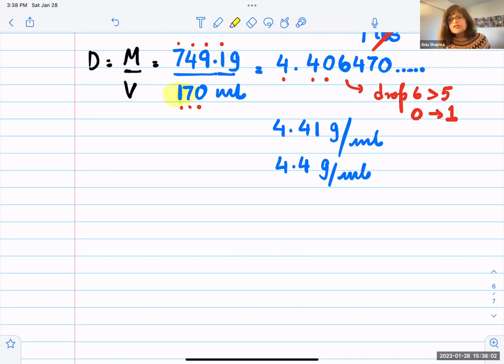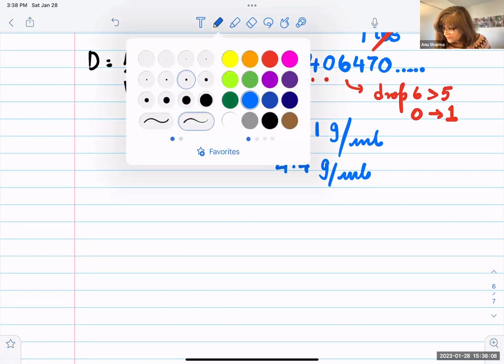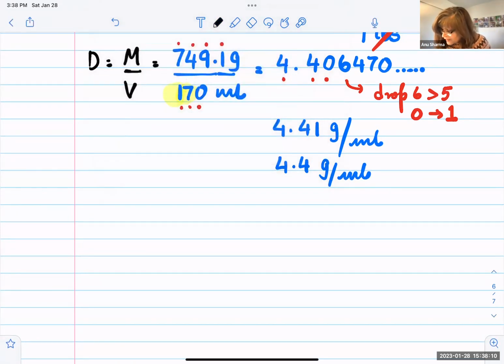Remember, exact numbers, 3 significant figures, 2 significant figures, 4, all of those are possible. You will get a sensitivity to these numbers when you start performing the experiments and gathering the data. Then you will realize it's good to have 2 or 3 places after the decimal. That's more exact, more sensitive.